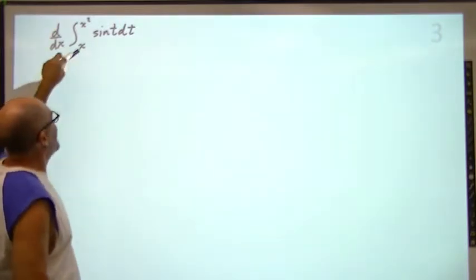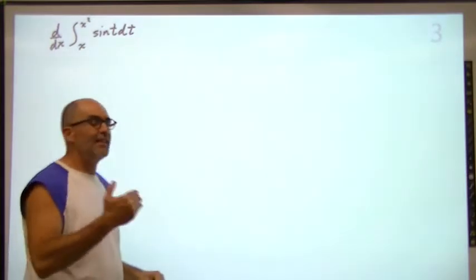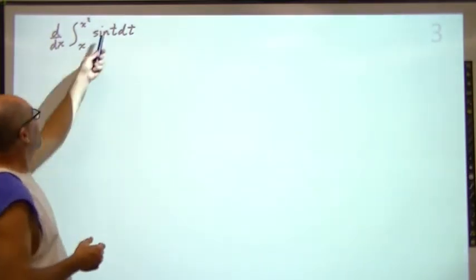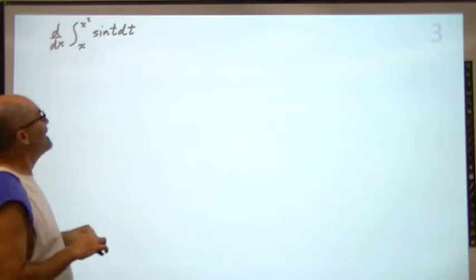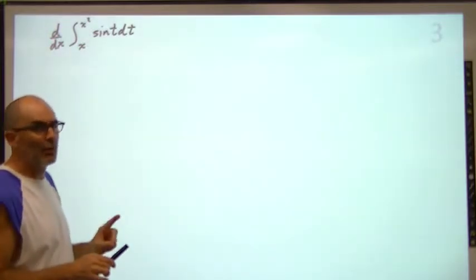Okay, now, notice I don't have a constant on the bottom. So I can't just plug in the variable into the function. So what I need to do is I need to break this up into two separate integrals.